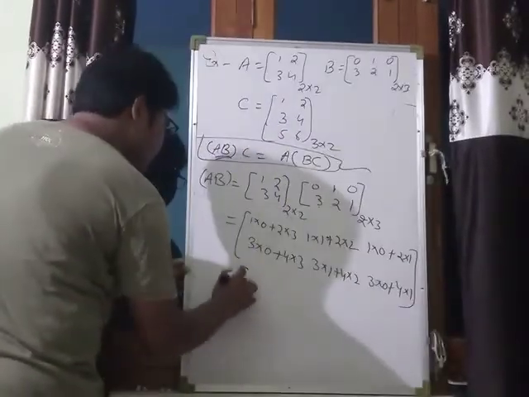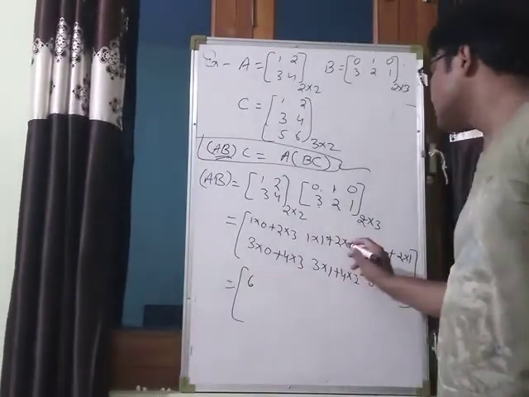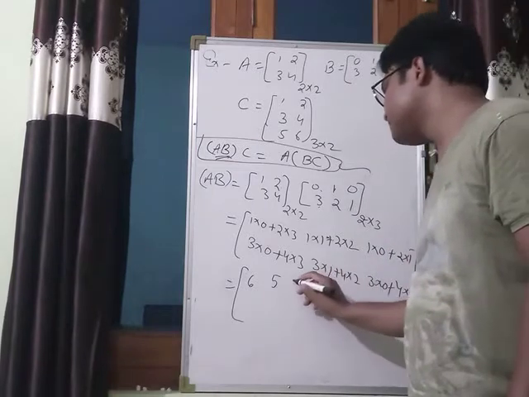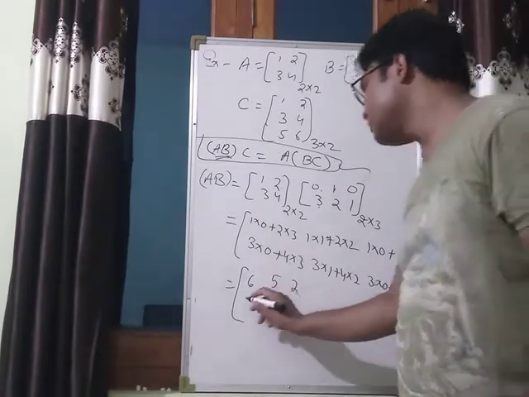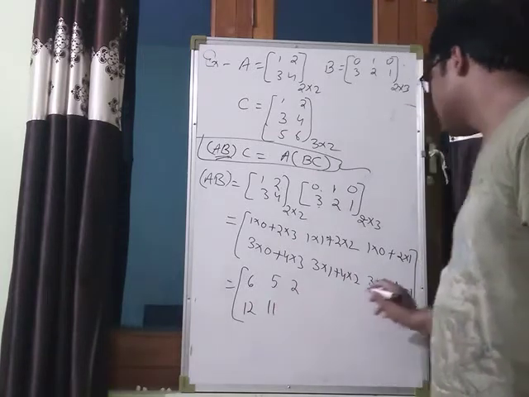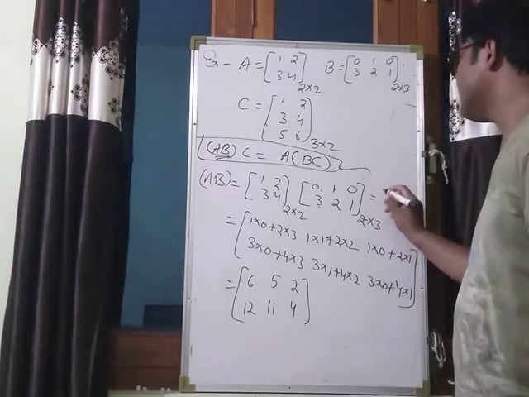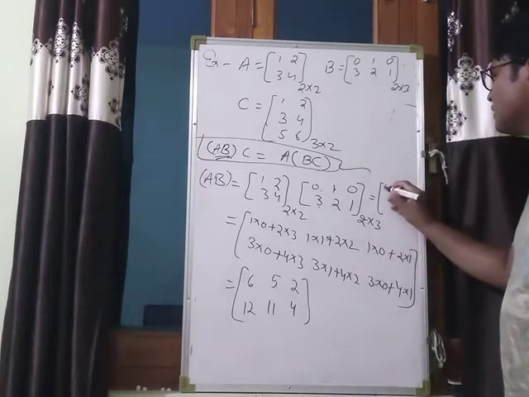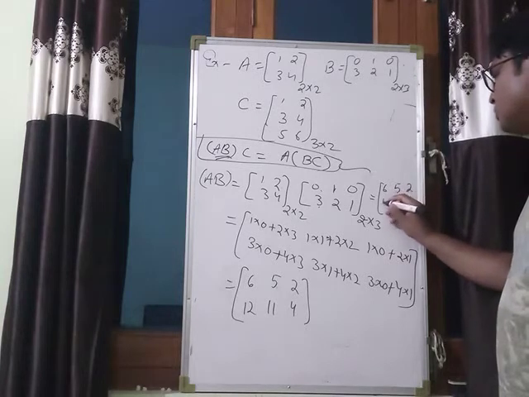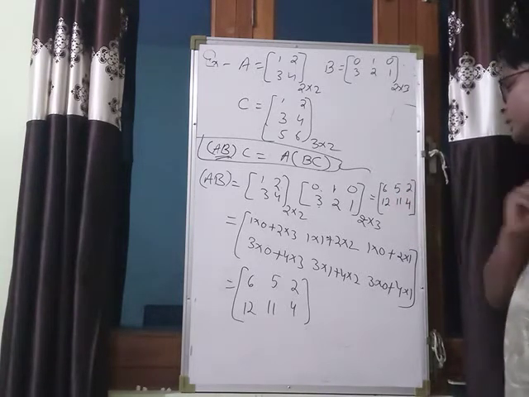So we have AB. This is 0, this is 6, this is 1, this is 4, this is 0, this is 2, this is 0, this is 12, this is 3, this is 8, this is 0, this is 4. So AB is 6, 5, 2, 12, 11, 4. Okay.